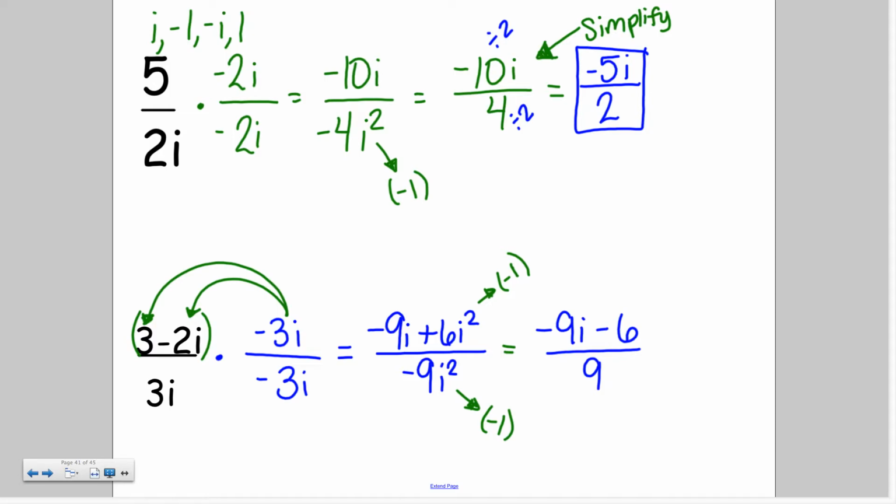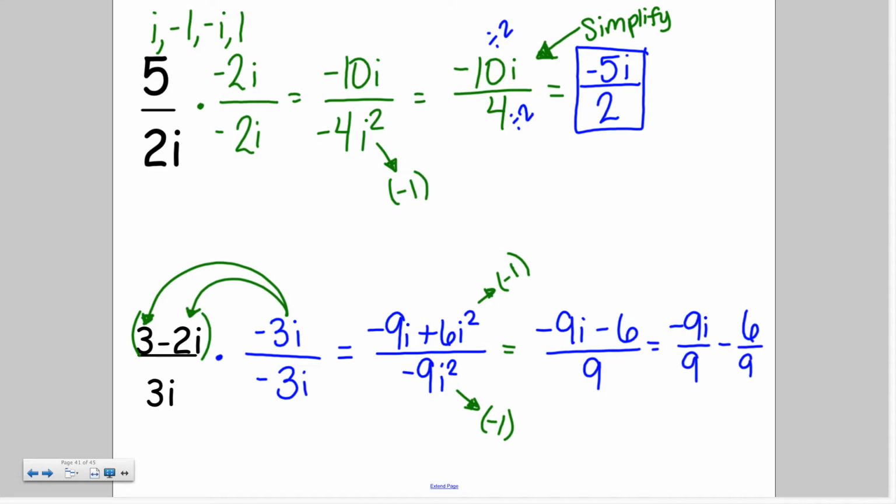Now then, what I need to do is I need to simplify this, all right? So I'm going to separate these apart. It's exactly the same, but I'm just going to take them apart. So negative 9i over 9 minus 6 over 9, okay?